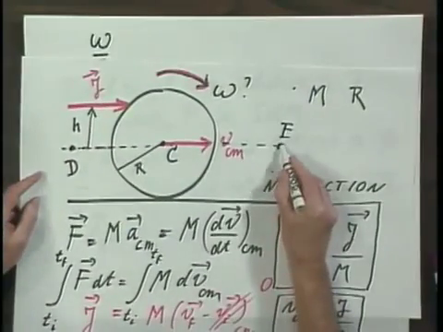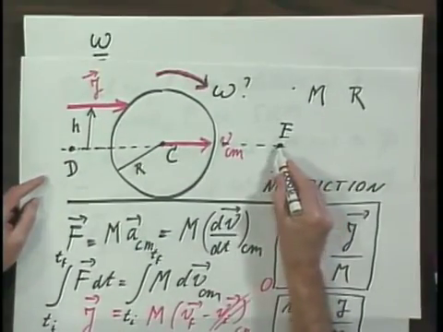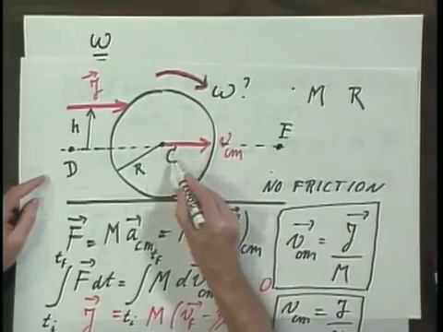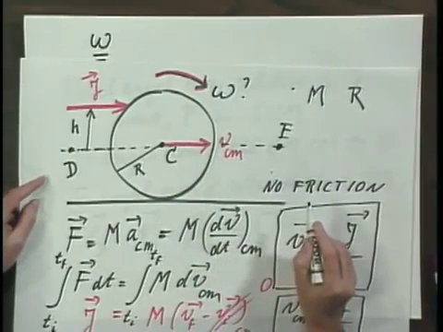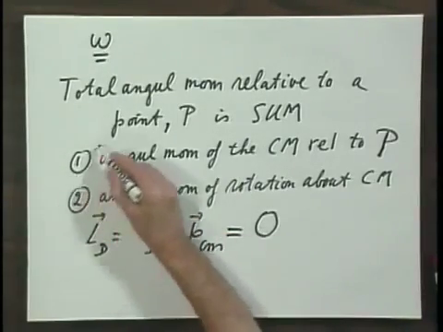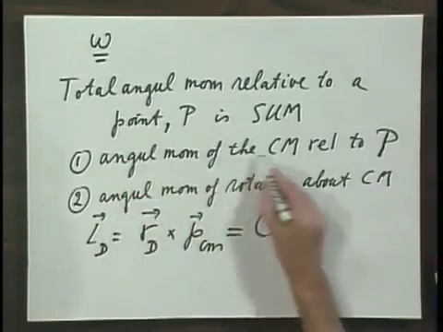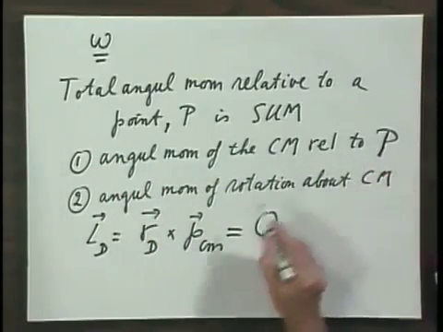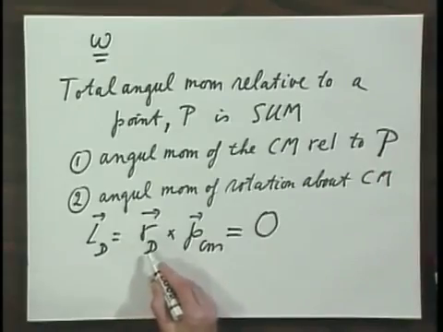If I had chosen point E, then the angle between the position vector and the momentum of the center of mass would have been 180 degrees, so this cross product would also have been 0. So it's clear that this component is 0 if I choose the point that I have chosen.